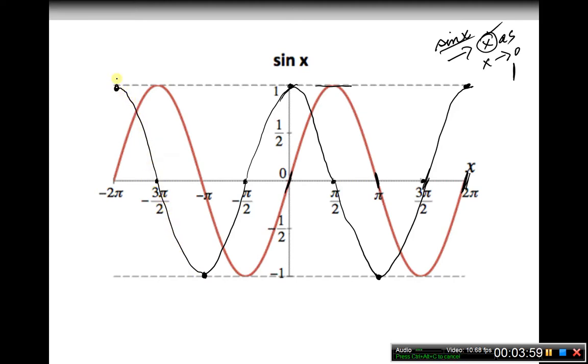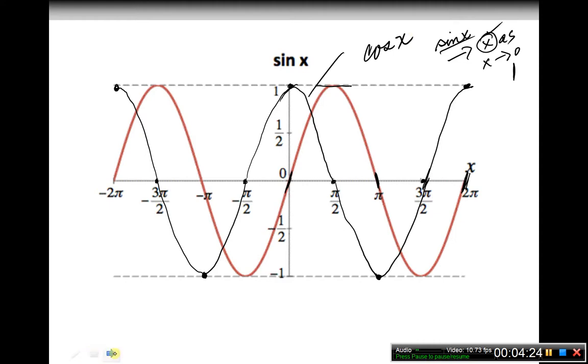And now we have a graph that looks pretty much like we believe the derivative of the sine function would look. And notice that this is a graph of cosine of x. Sine and cosine, as you know, have the same graph, except they are phase shifted by 90 degrees or pi over 2.